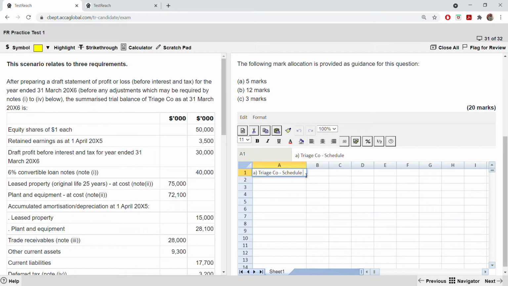So it is a schedule of adjustments to, for the year ended, you have to write the clear dates. March 2006.